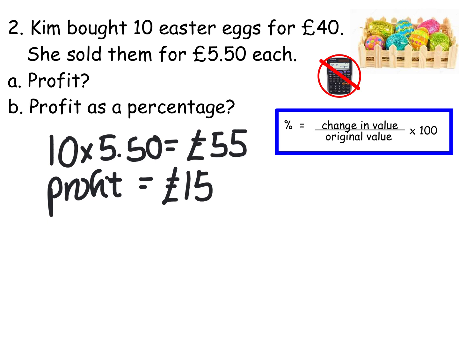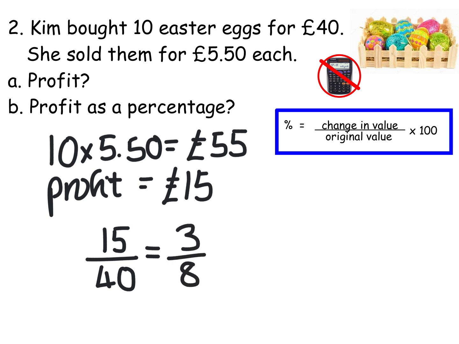So part B, as a percentage, that would be 15 out of 40. Let's simplify that down. 15 out of 40, using the 5 times table, gives me 3 out of 8. Now, I know 1/8 is 12.5%, because 100 divided by 8 is half it, half it, half it.